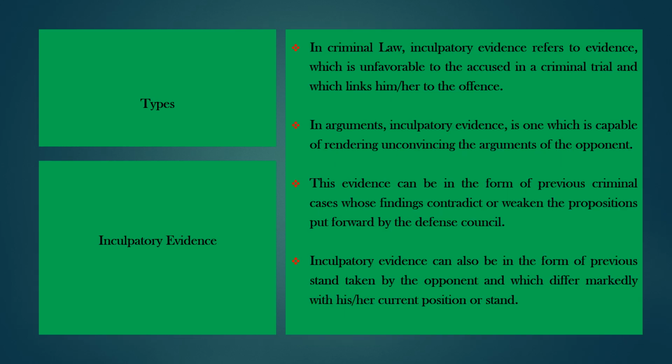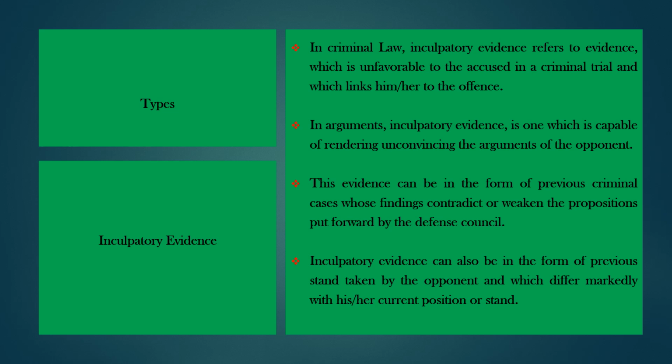The other type of evidence is called inculpatory evidence. In criminal law, inculpatory evidence refers to evidence which is unfavorable to the accused in a criminal trial and which links him or her to the offense. In general arguments, or what we call creative and critical thinking, inculpatory evidence is one which is capable of rendering the argument of the opponent unconvincing.